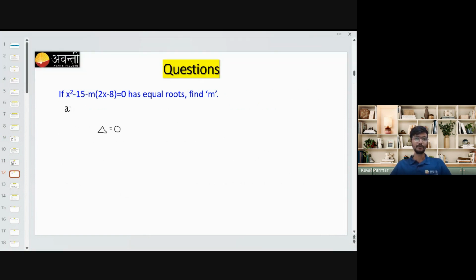That means x squared minus 2mx plus 8m minus 15 equals 0.